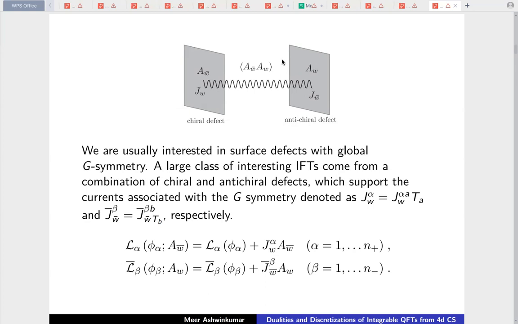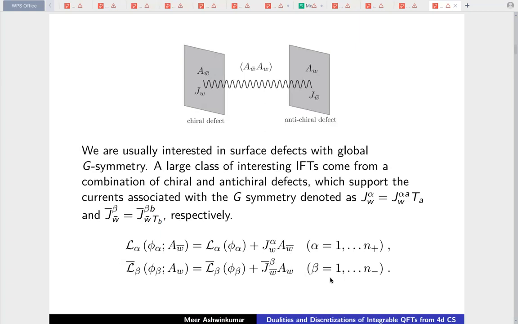And in general, what we usually encounter are chiral and anti-chiral defects, which have some global G symmetry, where G is the gauge group of the Chern-Simons theory. And then the G symmetry will have some corresponding currents, J_W and J bar. And these will be coupled respectively to A_W bar and A_W, right?